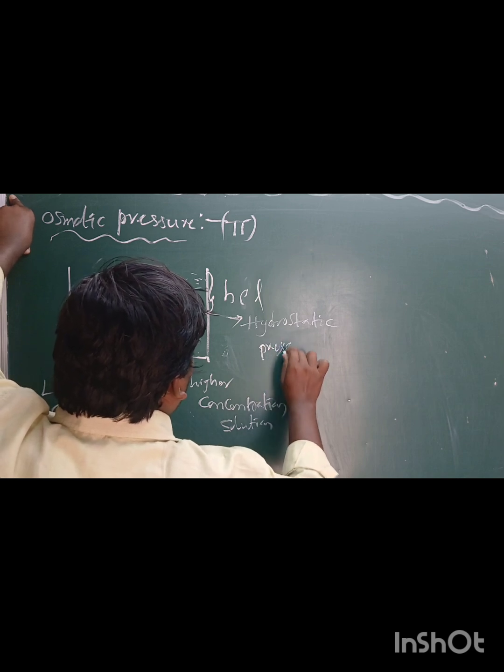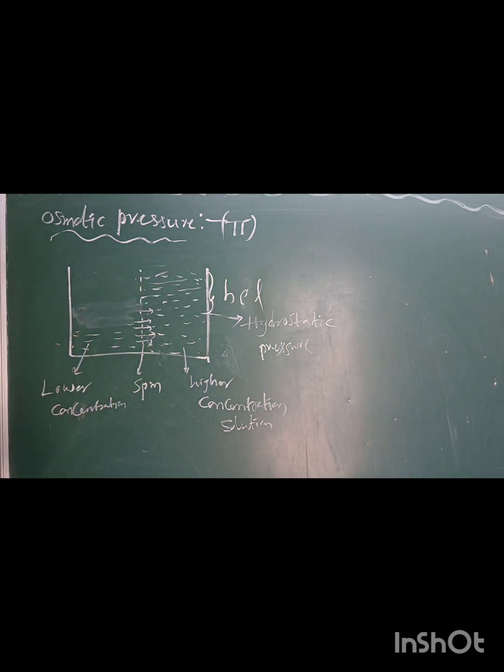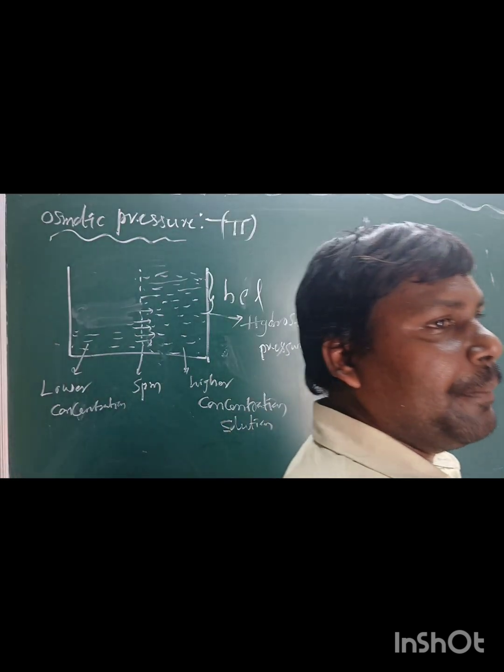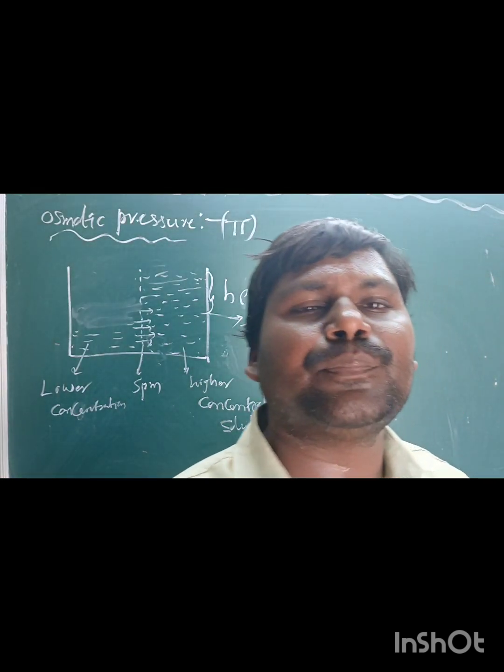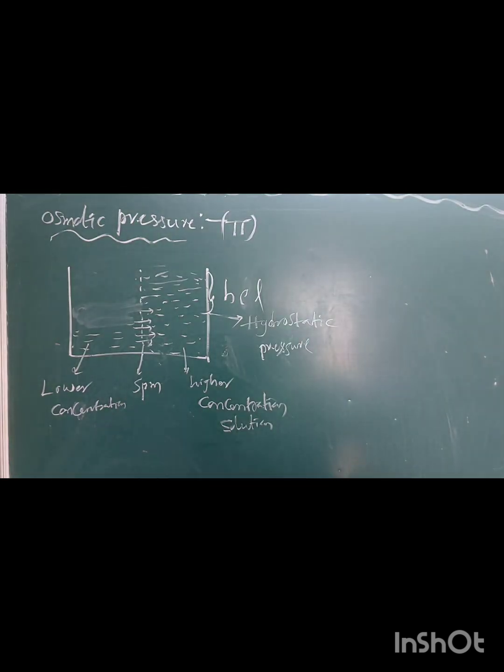The hydrostatic pressure developed on the higher concentration solution to just stop the flow of molecules from lower concentration to higher concentration through the semi-permeable membrane is called osmotic pressure.